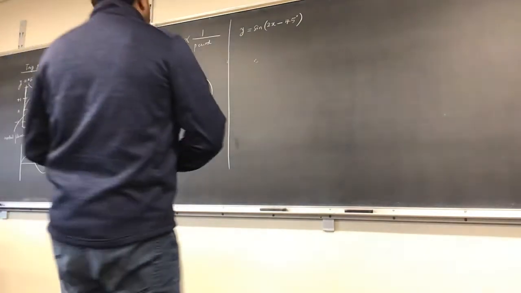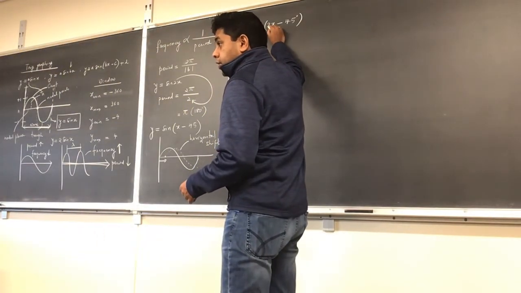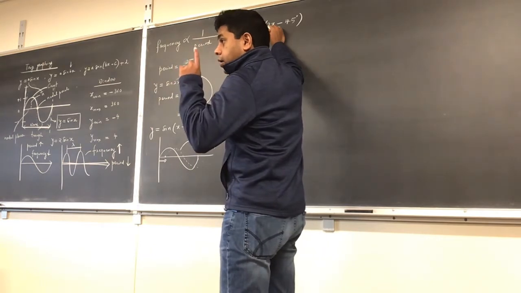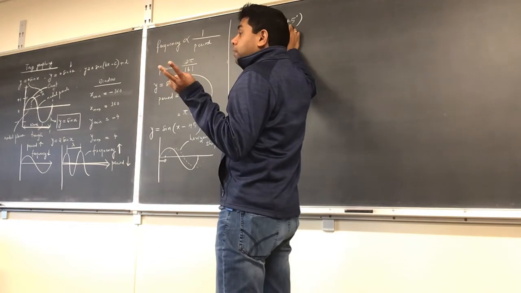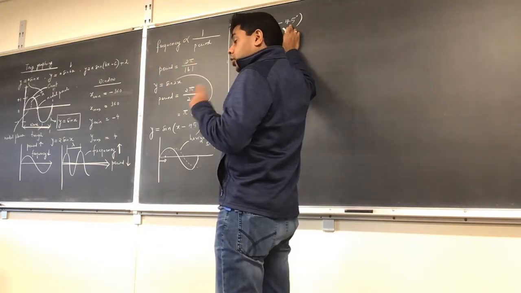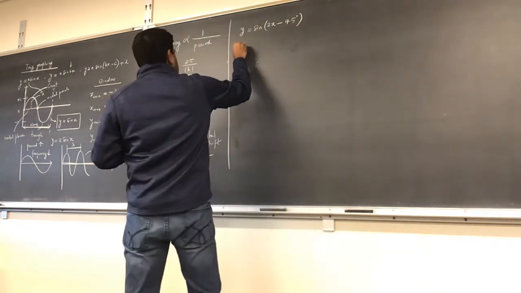Okay. So remember, what does this number affect? This affects the period. What does this affect? The horizontal shift. So you're affecting both the horizontal shift and the period, called phase shift.